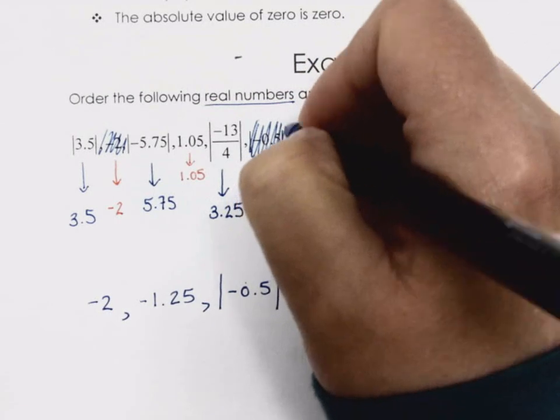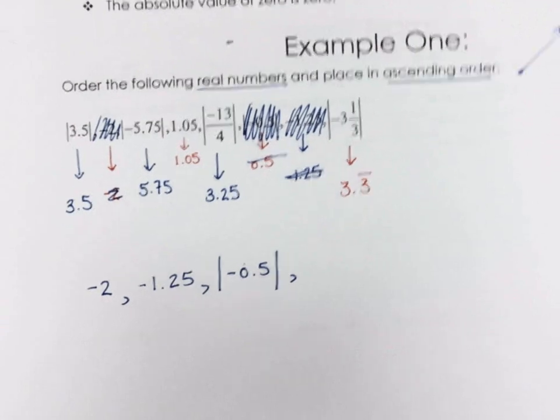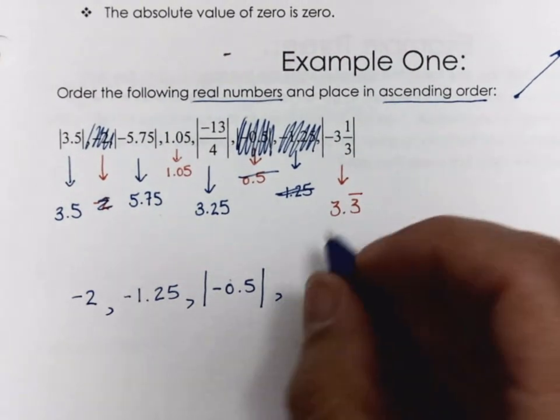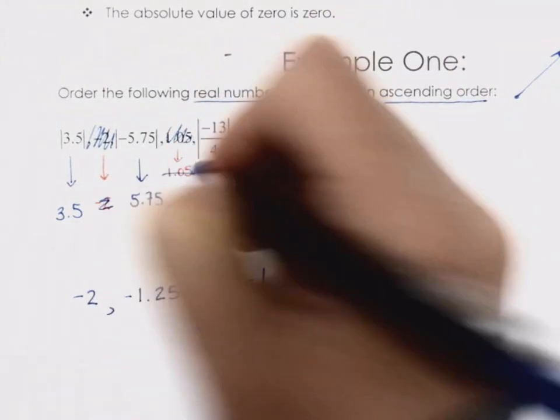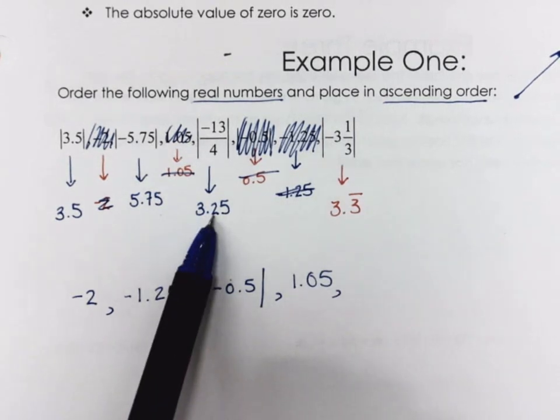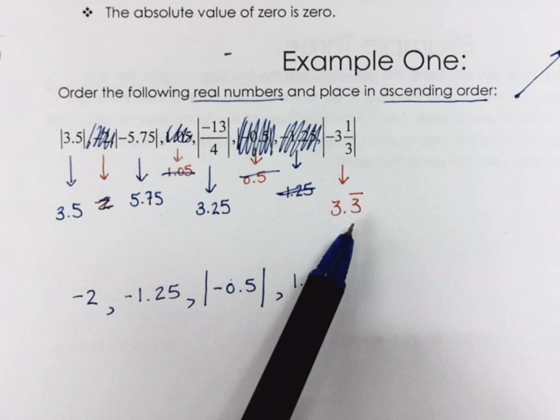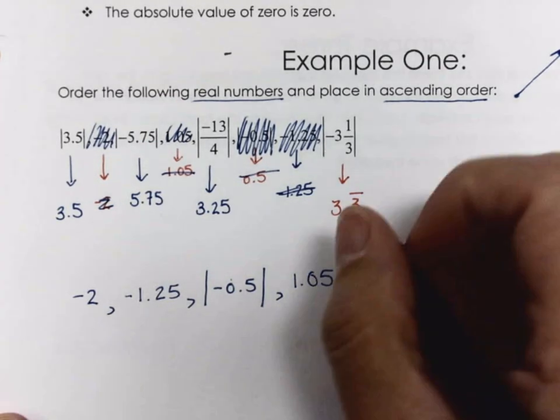That one's gone. I guess I should cross these out as I go. What's next? 1.05, and it's not in absolute, so we're just going to write it. Next up. 3.3? Nope. 3.25? Negative 13 over 4, because 3.25 is a little bit smaller than 3.3, right? Would you rather have $3.25 or $3.33? There you go, math. Look at that.